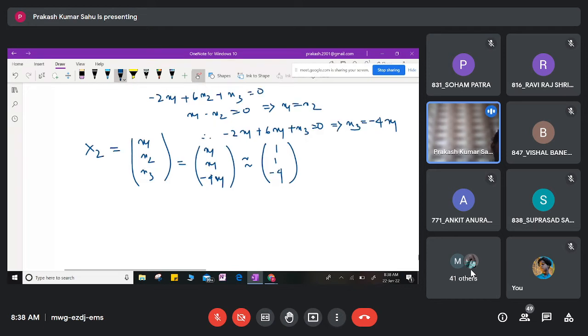Then you come to the last one, lambda is equal to 4. So this homogeneous equation, (A - lambda I)x is equal to 0.